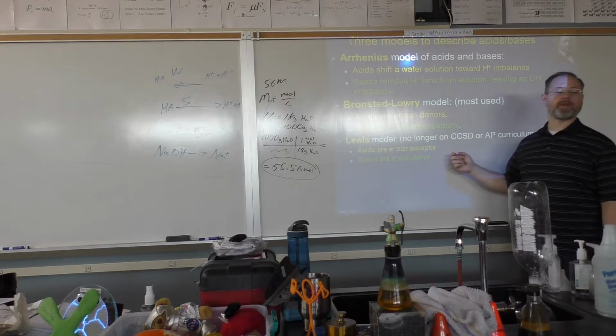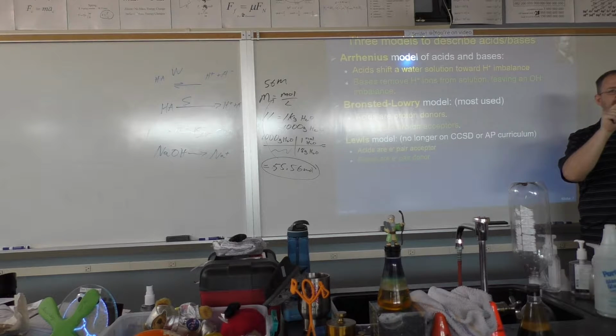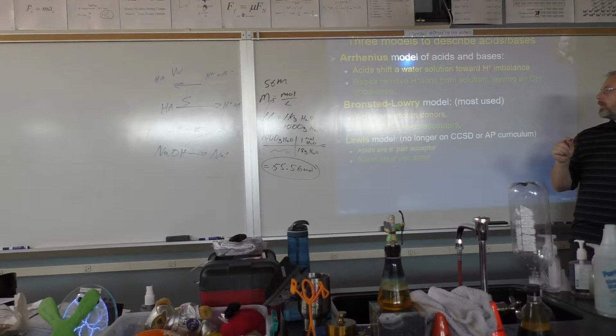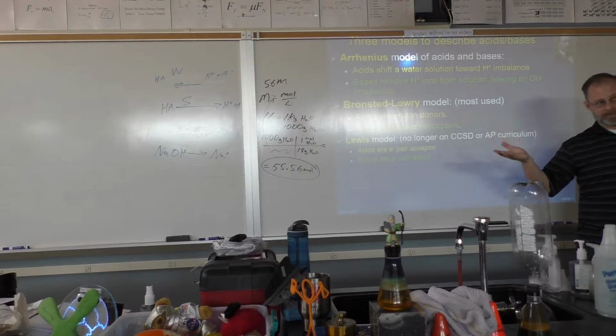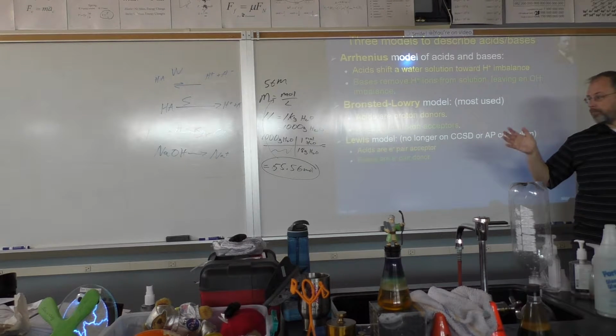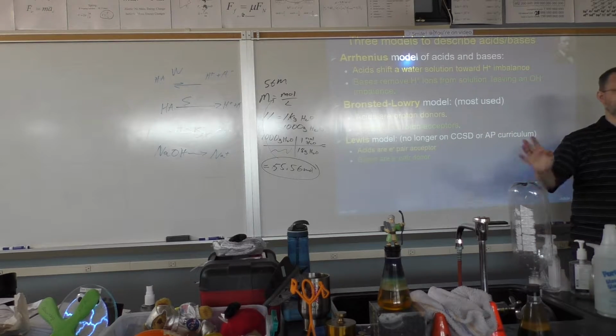It's very specific and useful only in very specific circumstances, so the College Board threw it out this year. You don't have to learn this anymore, and it hasn't been on the Clark County curriculum for a decade.